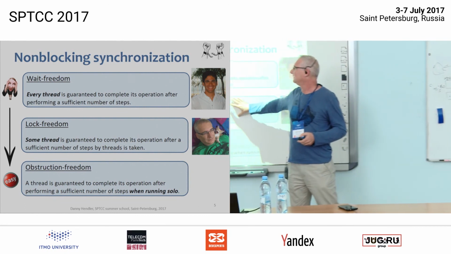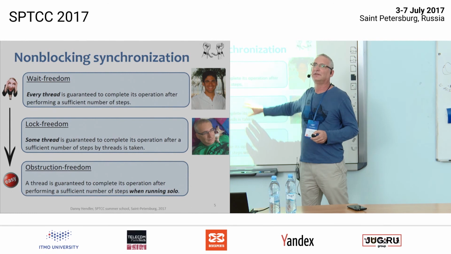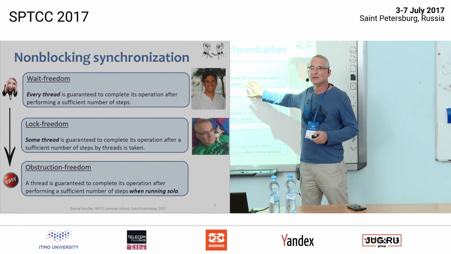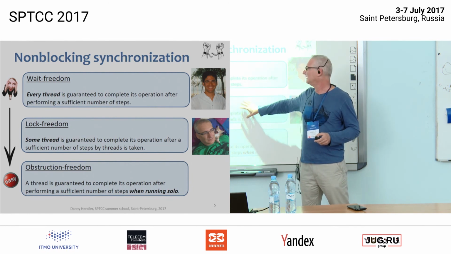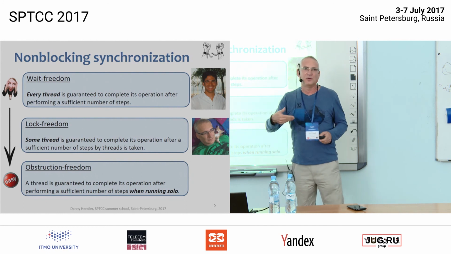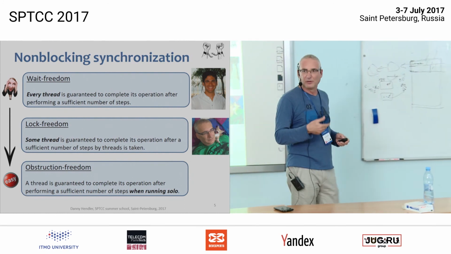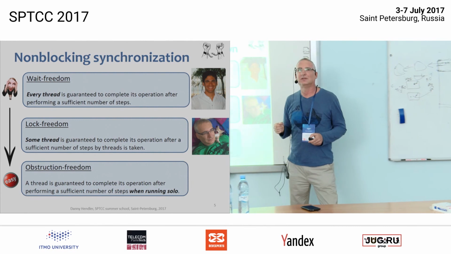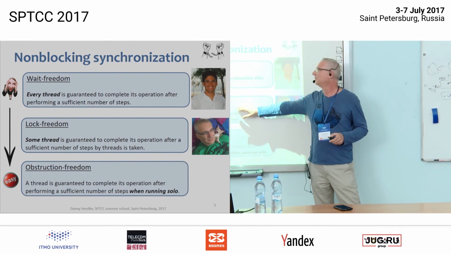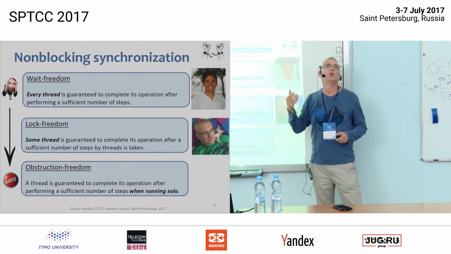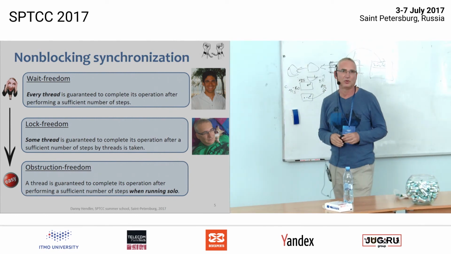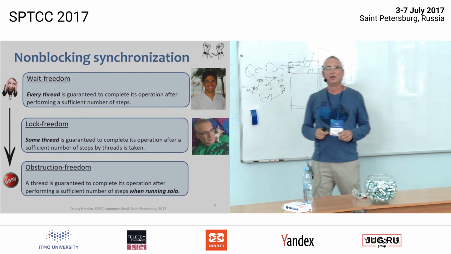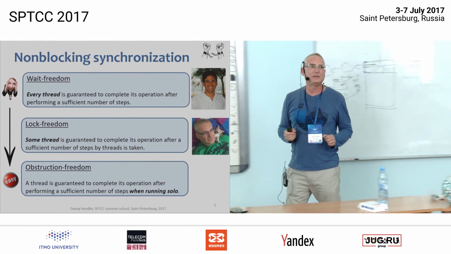This class is wider than this class, because if an algorithm is wait-free, that is, if it guarantees individual thread progress, then it's easy to see that it's also lock-free. It also provides global progress, but the converse is not necessarily true. An algorithm can be lock-free, but not wait-free. And we will see examples of such algorithms in the rest of this talk. So, questions up to this point?